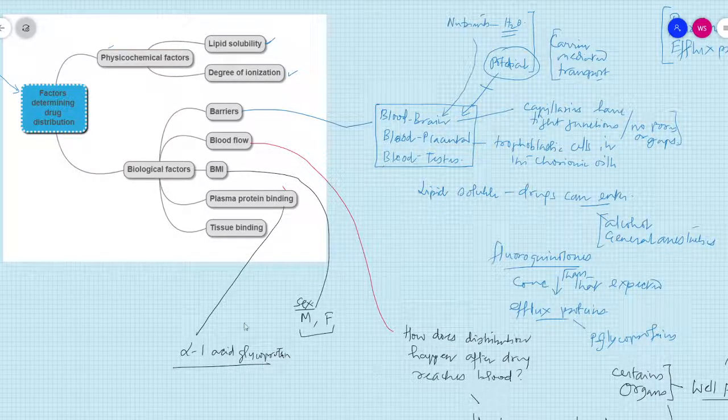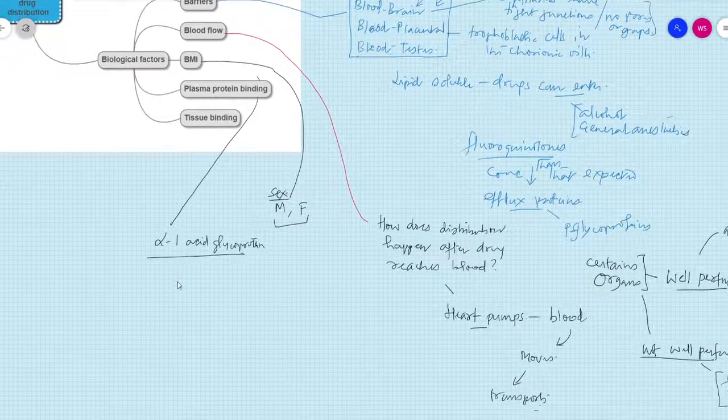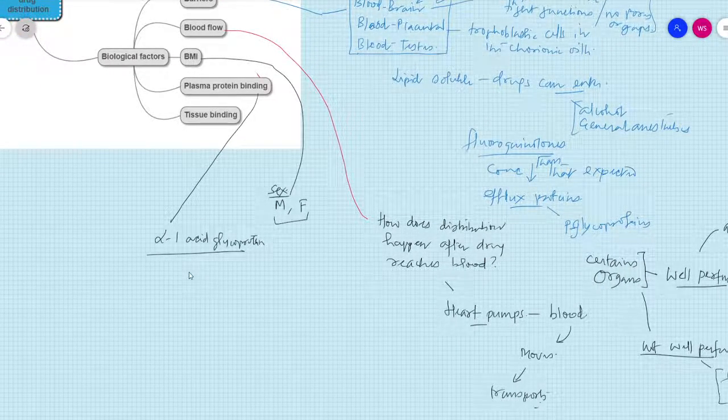The concentration of alpha-1 acid glycoprotein increases after trauma, after surgery, and in inflammatory diseases.